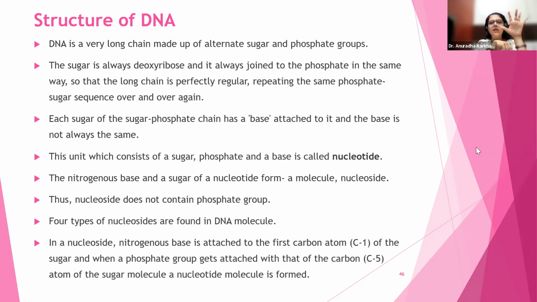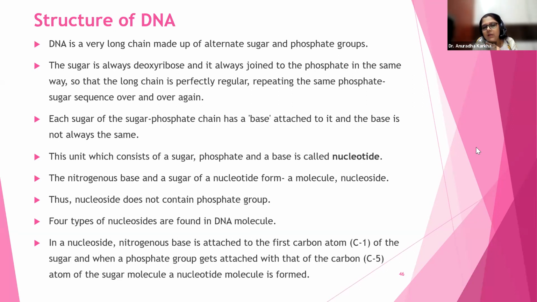So the fifth carbon of the sugar will be always attached with the phosphate, from the higher end. The next pentose sugar will also have a fifth carbon, है ना? दो sugars हैं, दोनों 5 carbon sugars हैं.